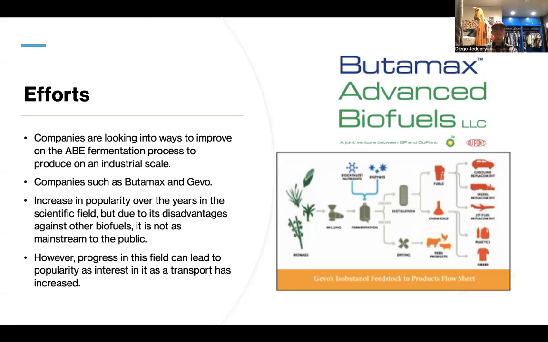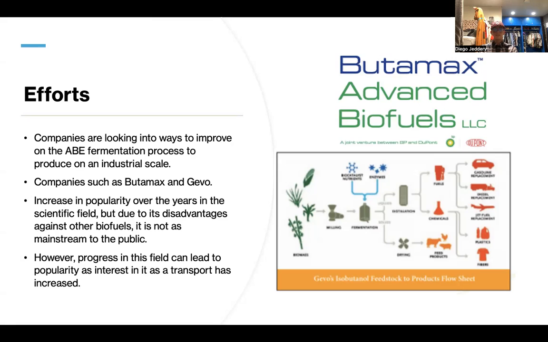And the reason for this is that butanol has become increasingly popular over the years in the scientific field, as it has a lot more advantages over ethanol. First of all, butanol is not miscible in water, so it doesn't mix with it, and it could be used in already existing gasoline pipelines.